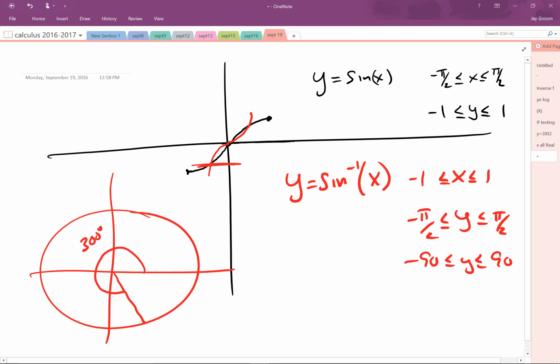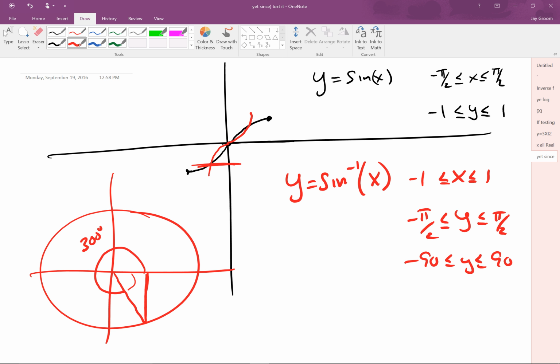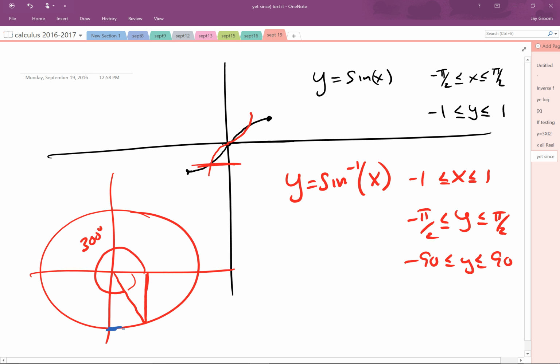Right here, that's the sine of 300, that length downwards like so. But 300 is another way of saying negative 60. They get to the same location, yes? So the inverse sine function is only defined from here to here. So if you ask Betsy what angle has this negative sine, it's going to give you an angle in quadrant 4. If it has a positive sine, it'll give you the one in quadrant 1. And then you have to apply it accordingly.